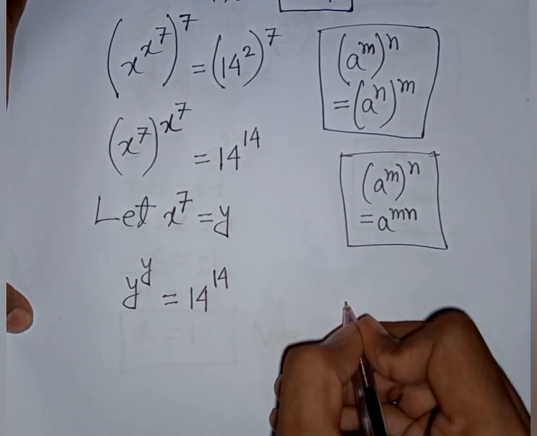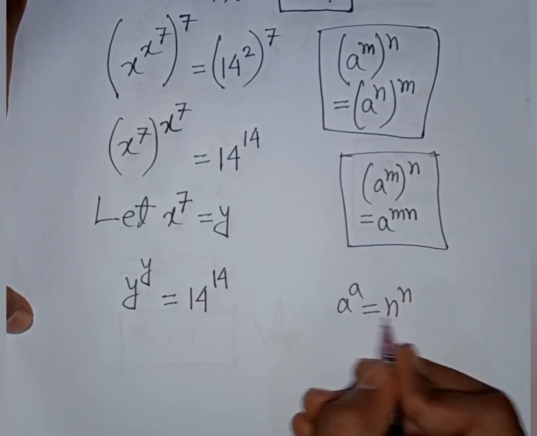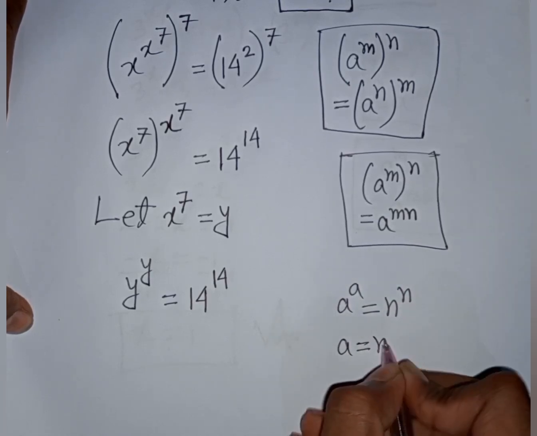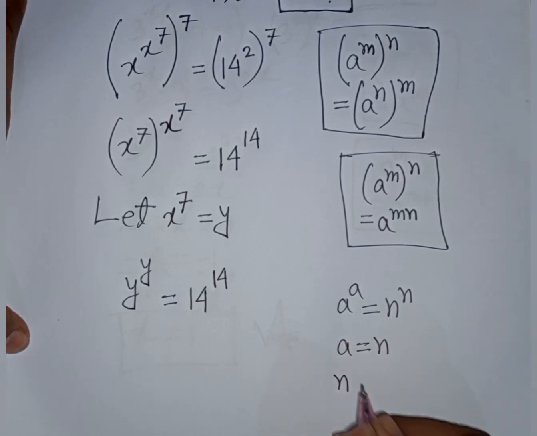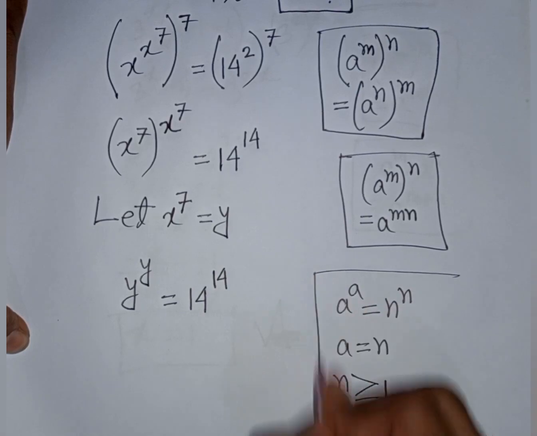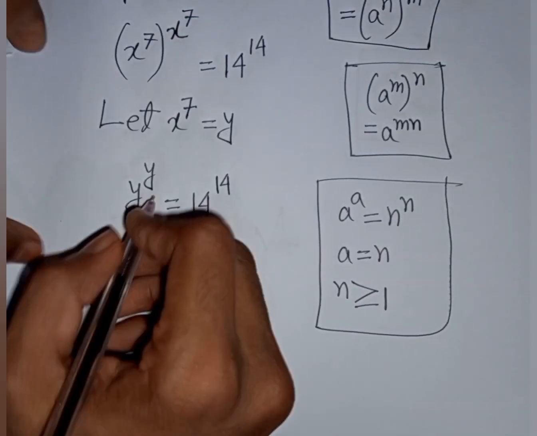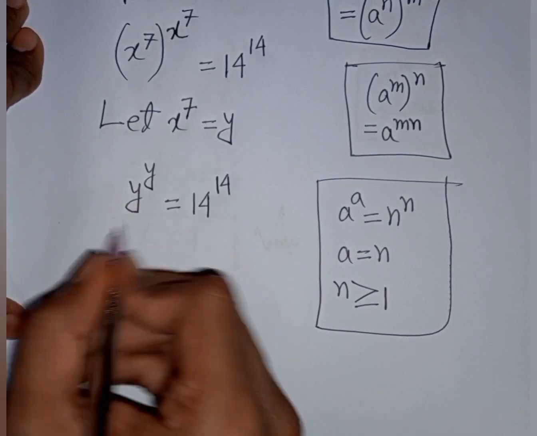Now here you can apply the rule that a^a is equal to n^n, so a will be equal to n where n is greater than or equal to 1. So according to this rule, you can compare here, y will be equal to 14.